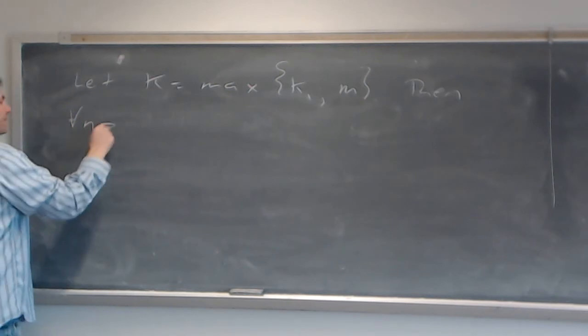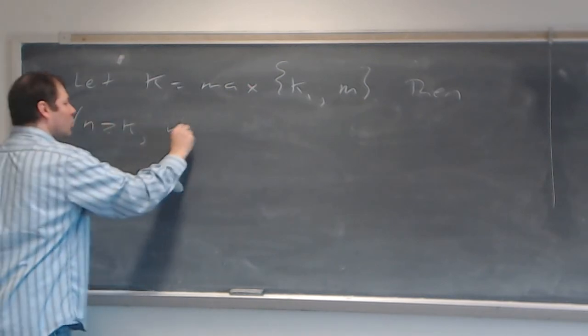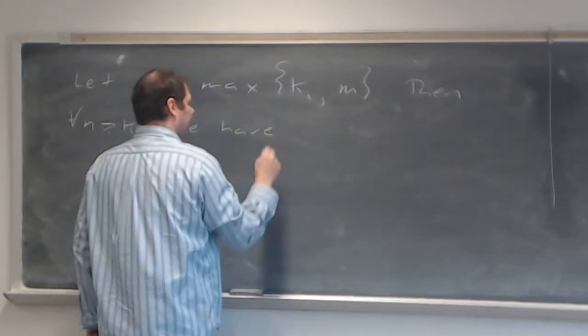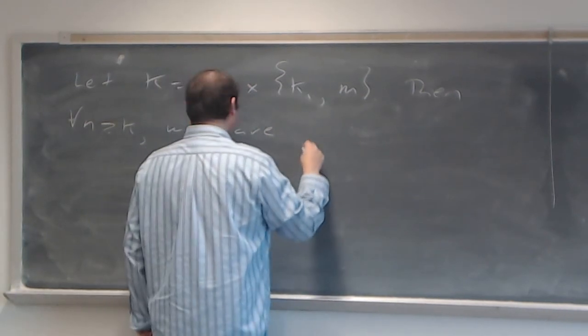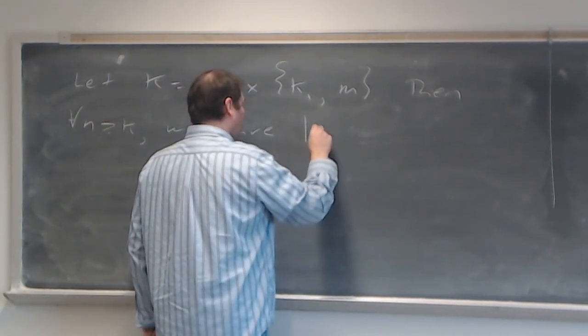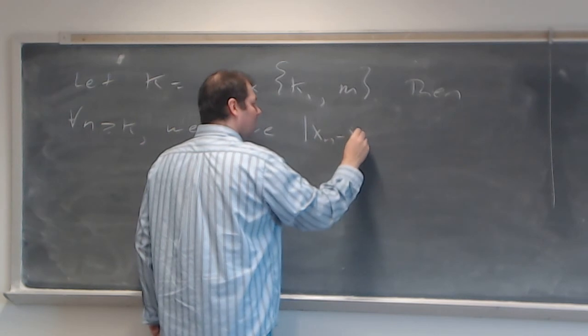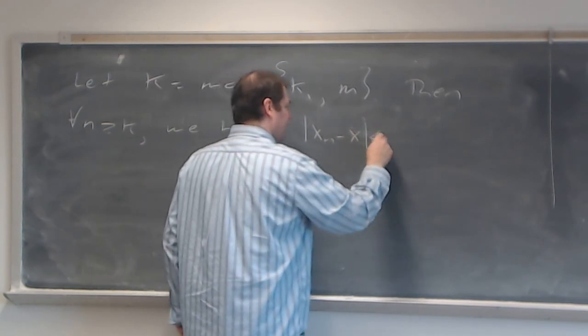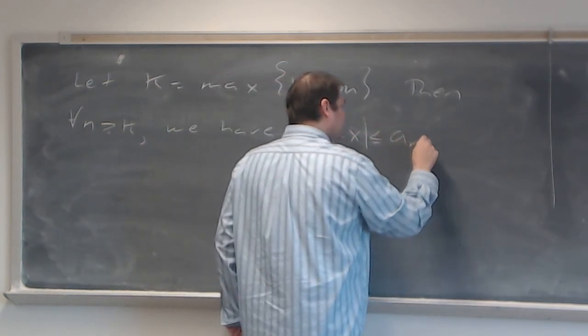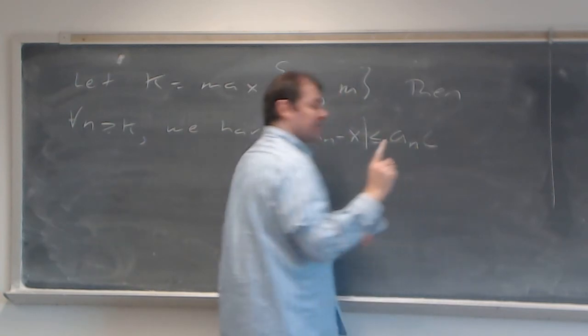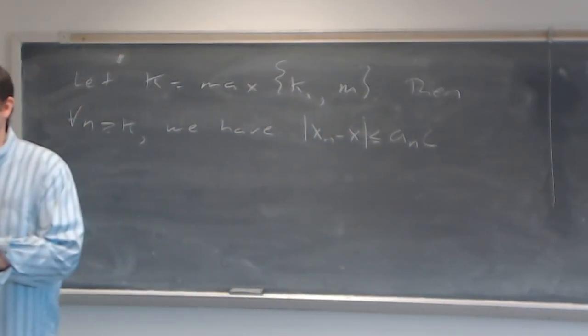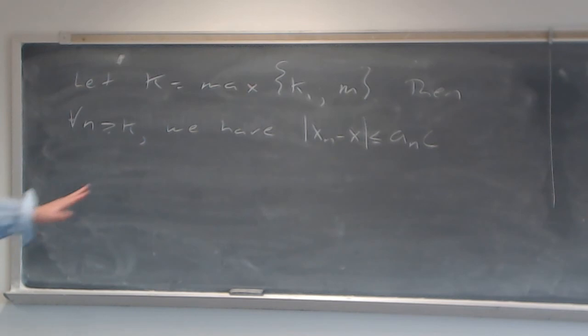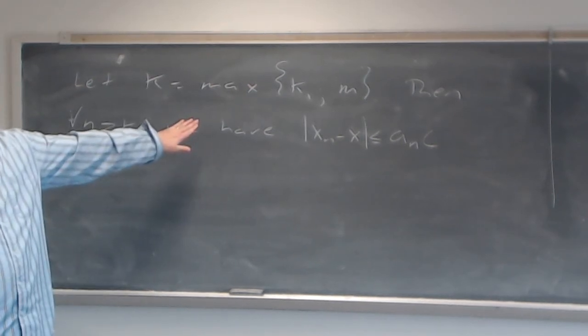Then, for all n bigger than or equal to k, we have the absolute value of x sub n minus x is less than or equal to a sub n times c. That's from the given, the thing I was assuming. Because if you're bigger than k, you're bigger than m.